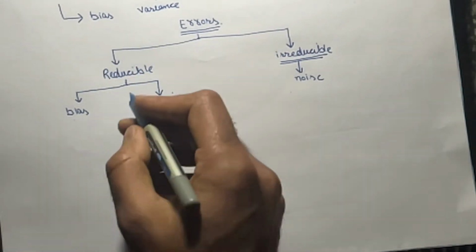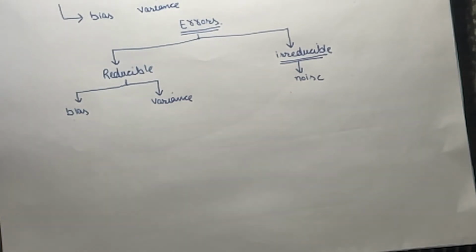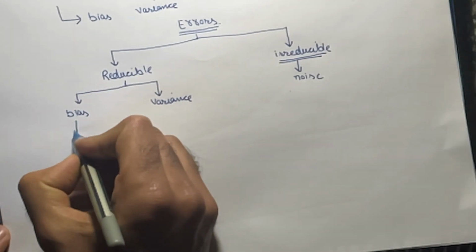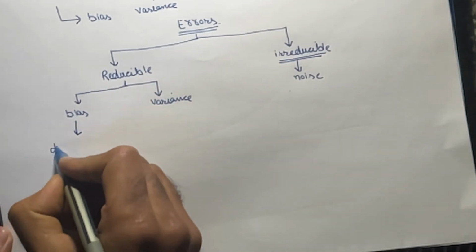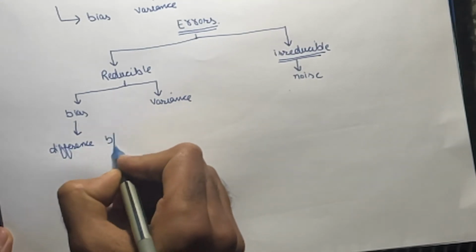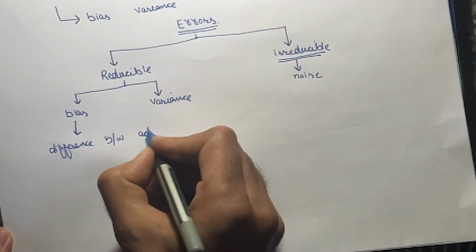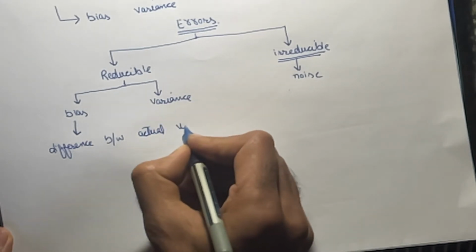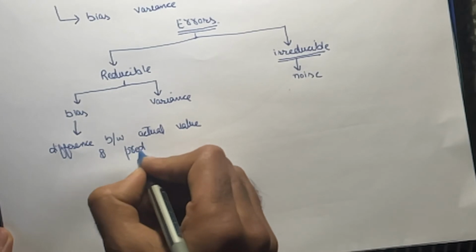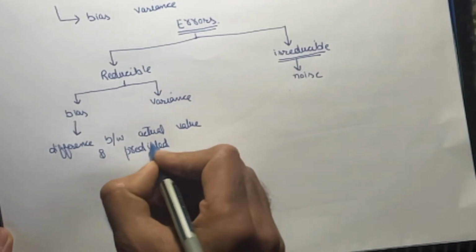We can increase or decrease these errors. Bias, this particular error, is basically the difference between the actual value and the predicted value.